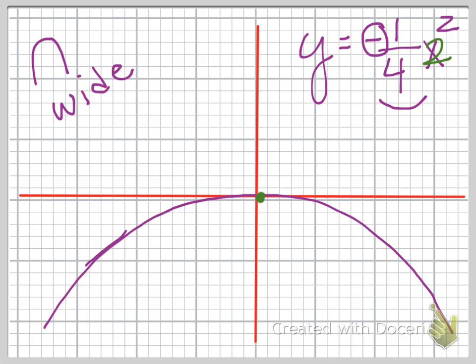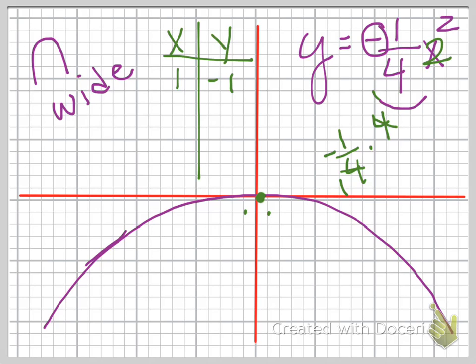And then it would be a negative 1/4 times 4, which would be a negative 1. So on my xy table, if I have x is equal to 1, I would wind up with a negative 1. So 1, negative 1, won't negative 1, 1. So it'll go like that, and that is 2.